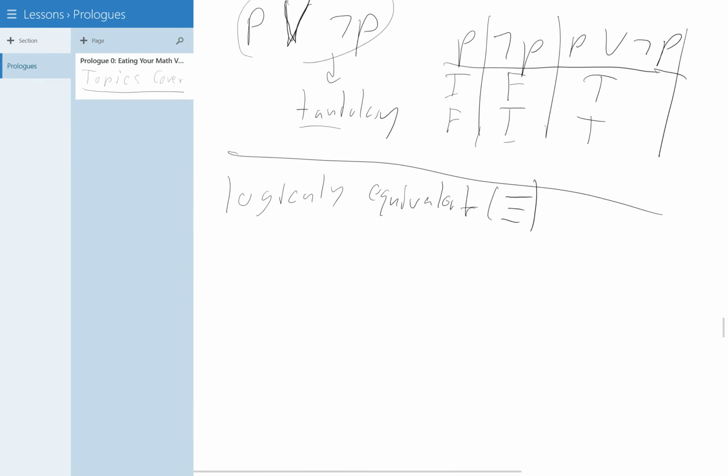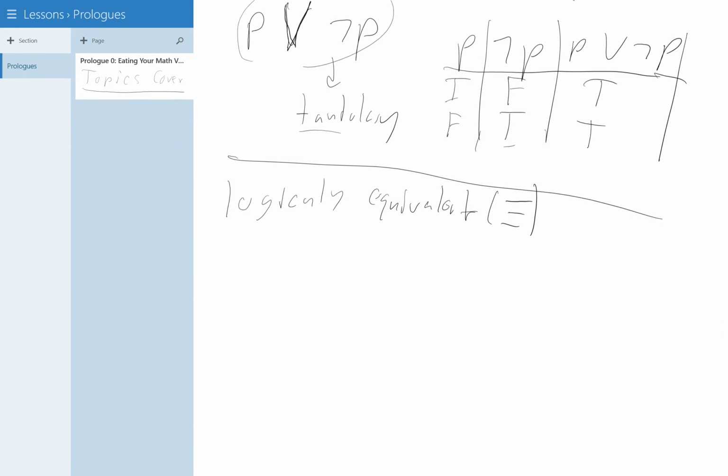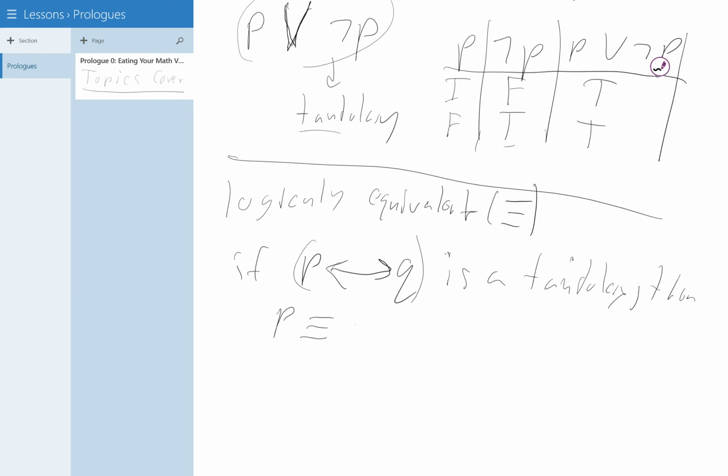Well, we can be more definitive now that we know about the biconditional. If this statement, P biconditional Q, is a tautology, then P is logically equivalent to Q. It means they have the same truth tables.